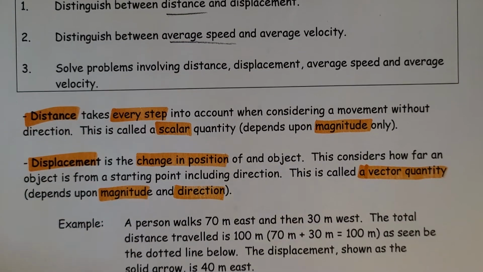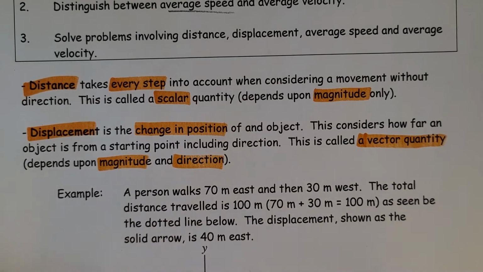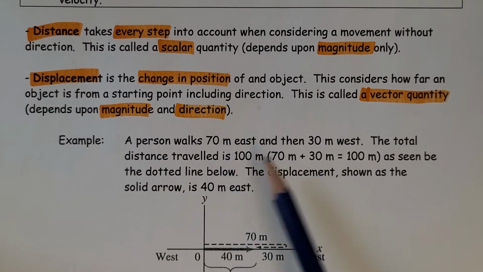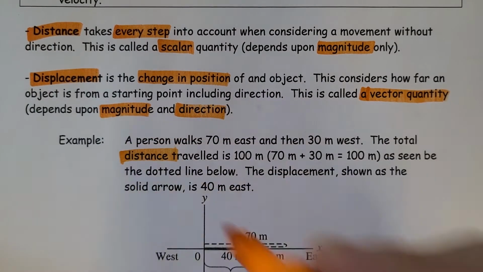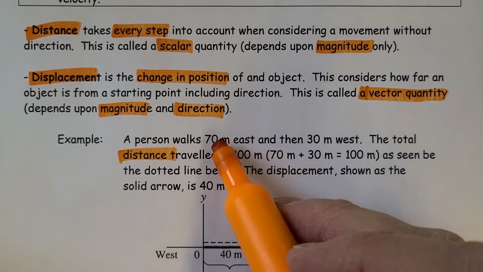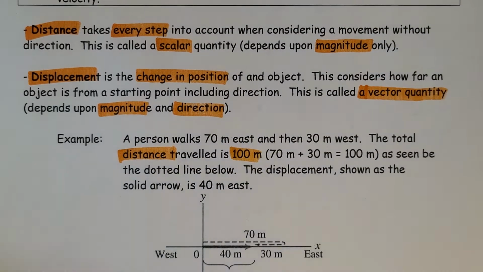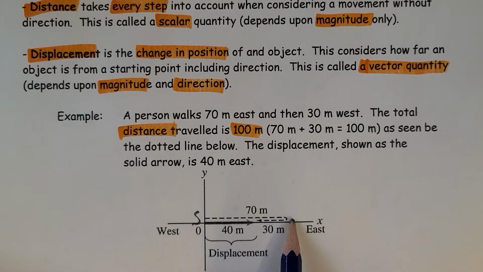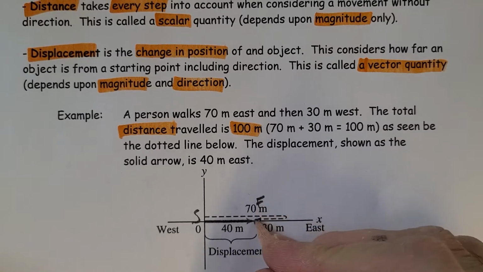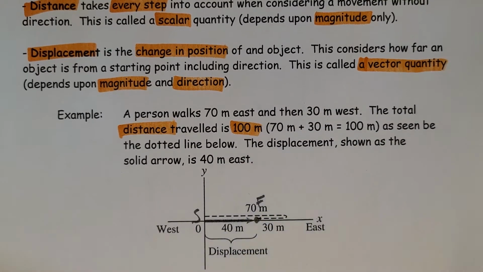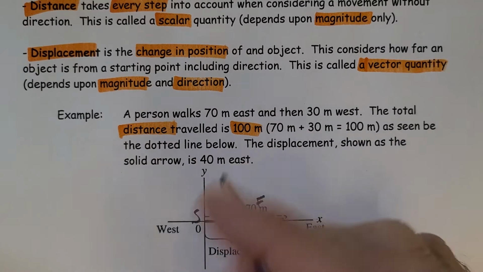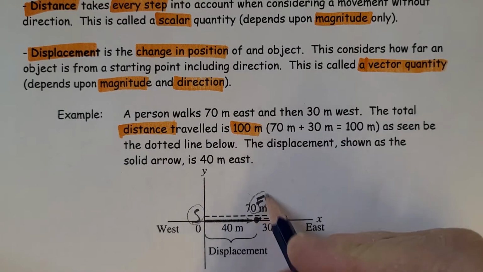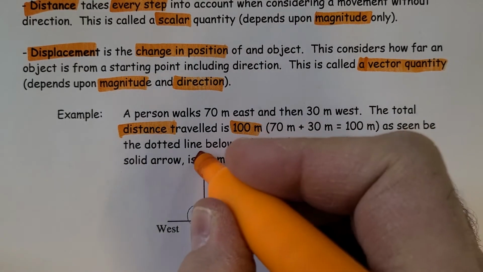To distinguish between those two with an example, if we considered a person walking 70 meters east, then 30 meters west, the total distance would be every step you take, right? So 70 and 30, it would be 100. But if we look at displacement, if I started here and went 70, then 30, then stopped here, if this is my finish, displacement is only looking at from starting position to finish position, so it would actually be 40.